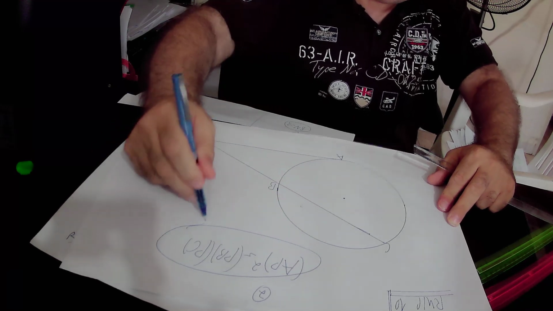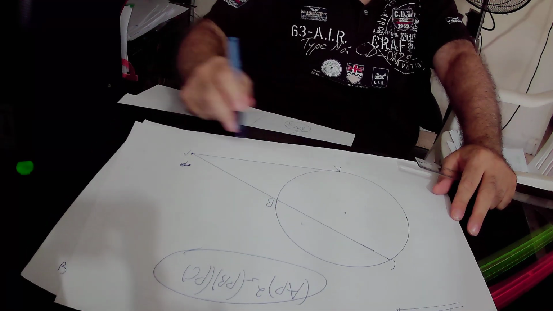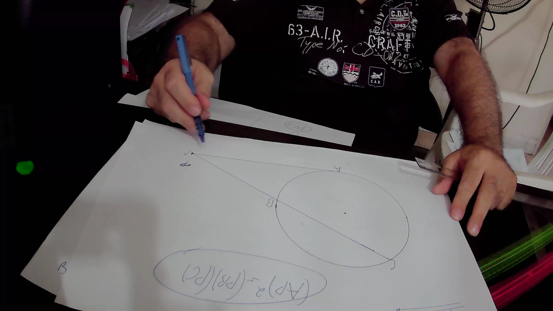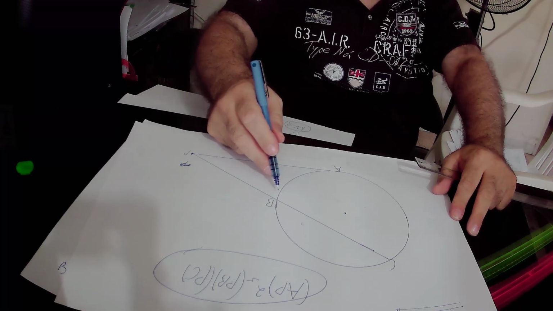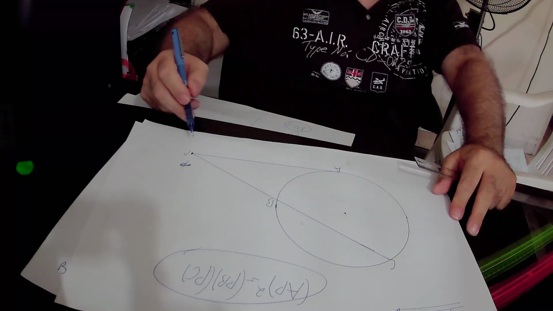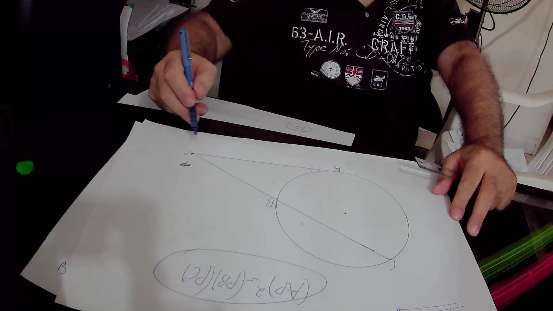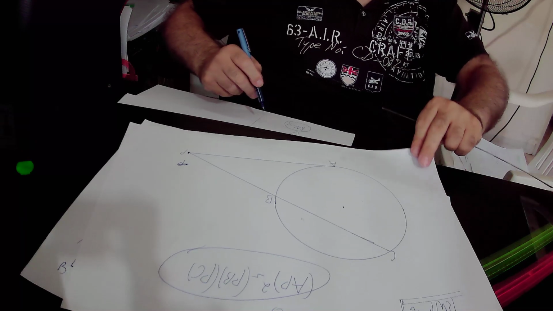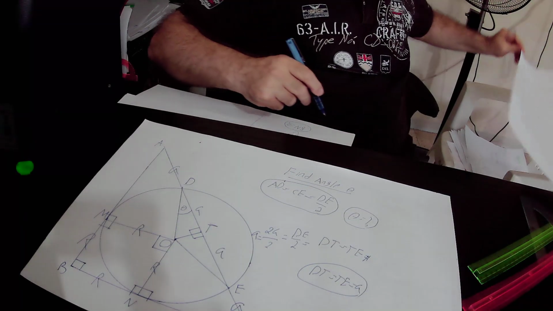Repeat again. From point P we have tangent PA, and from point P we have a straight line that intersects the circle at 2 points, point B and point C. Then PA squared equals PB times PC. We can implement rule number 10 in our drawing. Why?